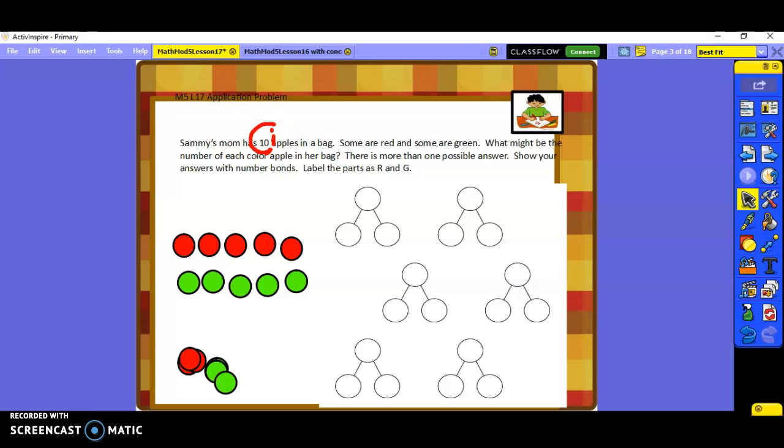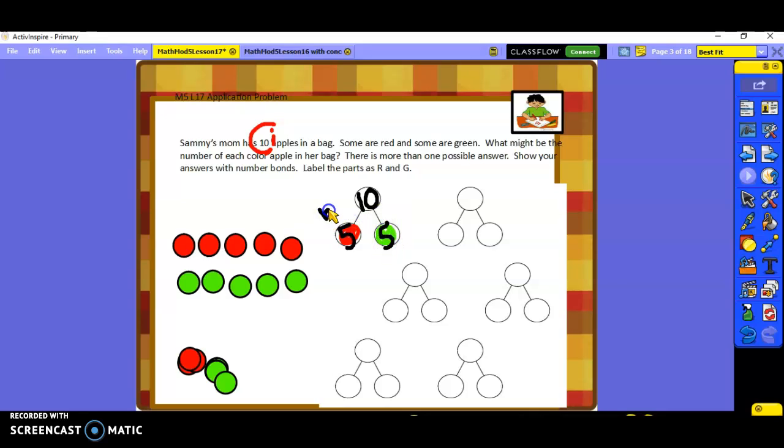He could have 5 red, 5 green. 5 and 5 make 10. So on my number bond, Miss Nakhan's going to color this part red, and I'm going to color this part green so we can see our parts. So let's go ahead and fill in our number bond to match. 10 is our whole. We had 5 red, and we had 5 green.